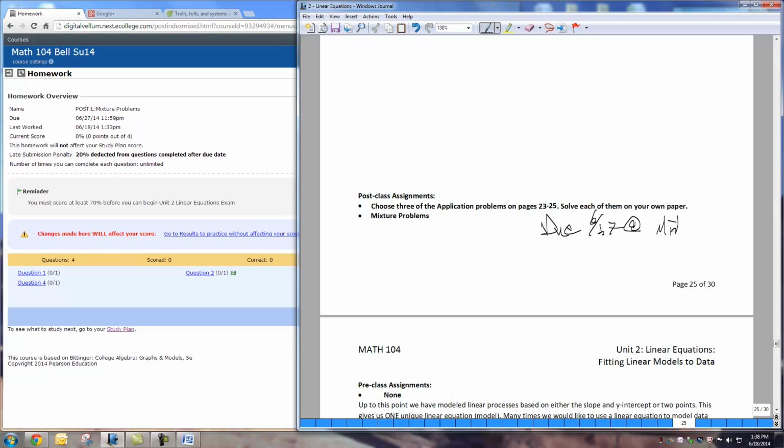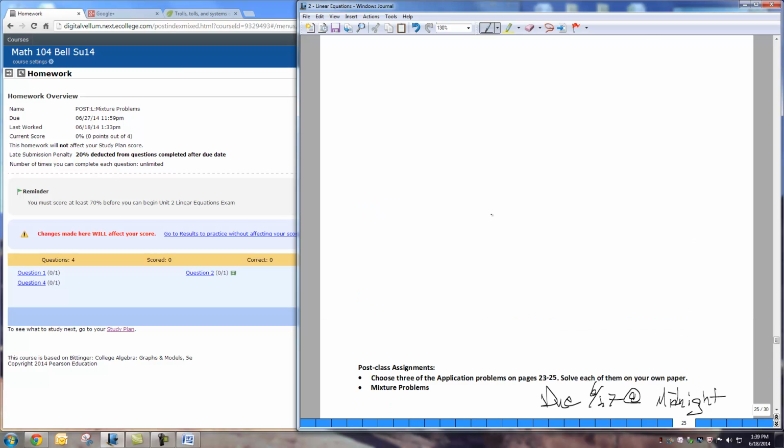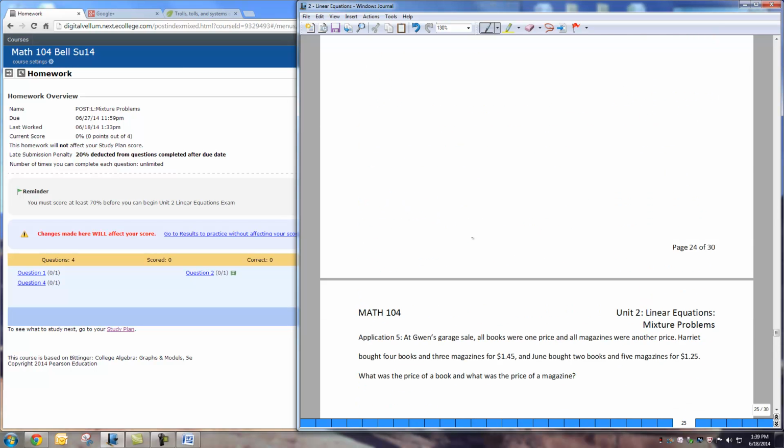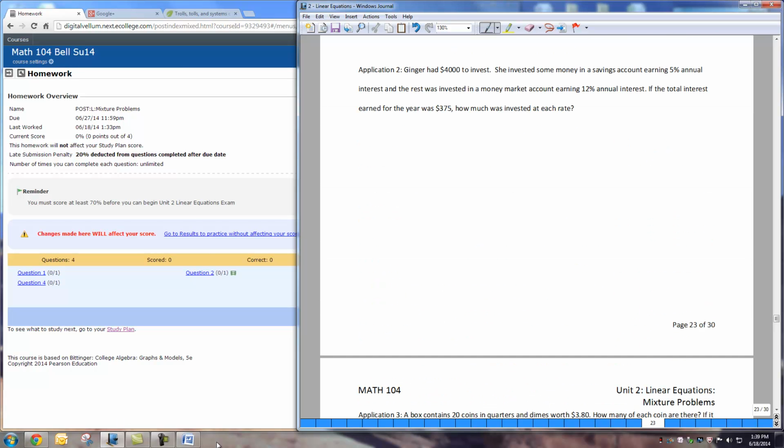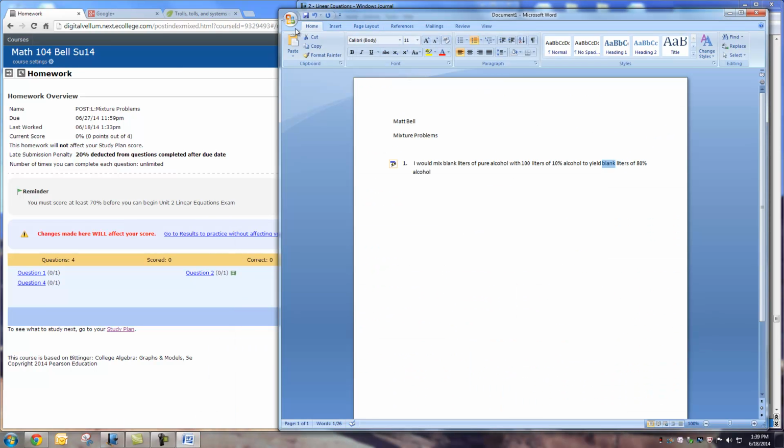And remember, I am not requiring you to do the graph from MyMathLab. You don't have to do the graph. Notice I haven't put anything in here as far as turn-in problems. The only problems you have to turn in for this portion is 3 of these 5 application problems. And you can turn them in in Microsoft Word format. Save this file and then email it to me. All right?